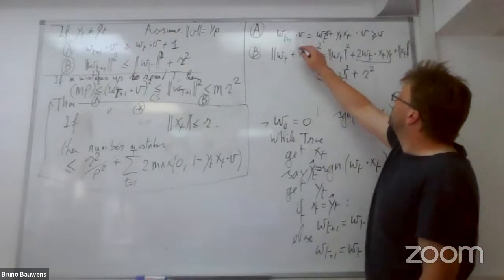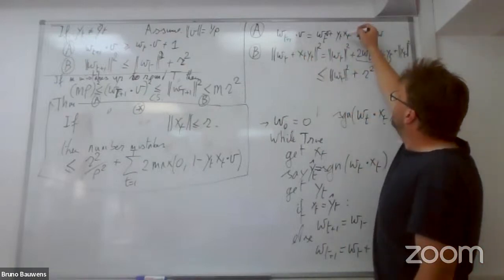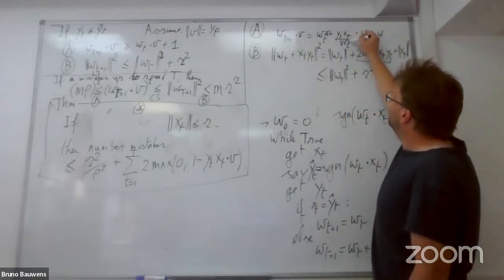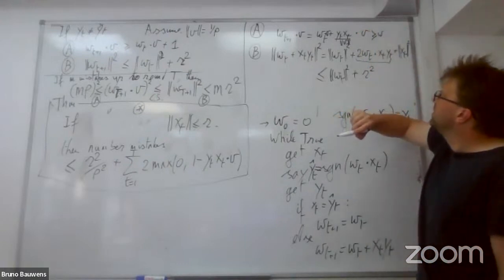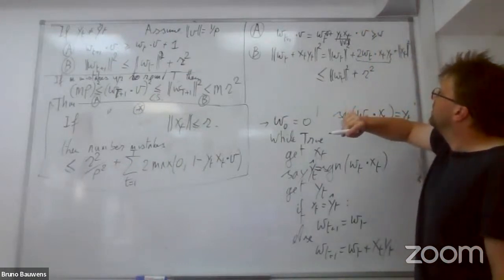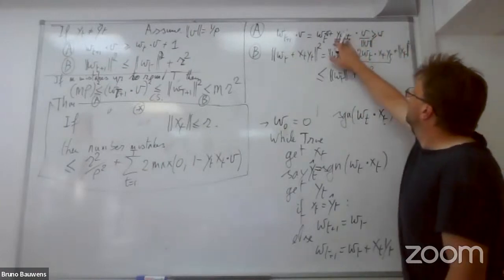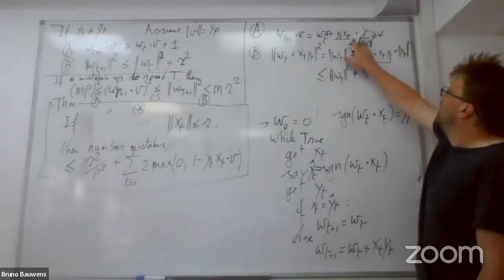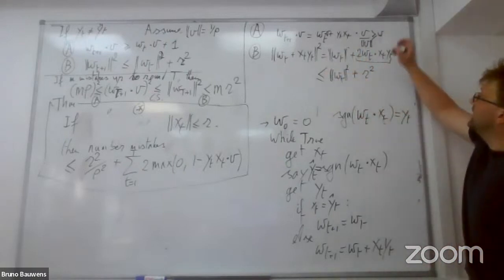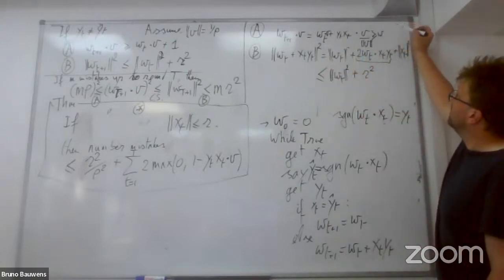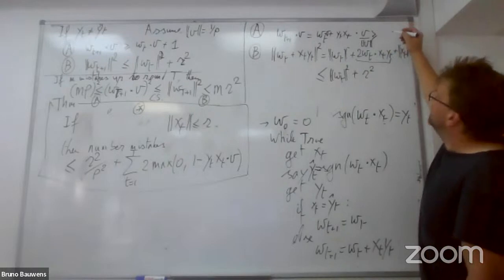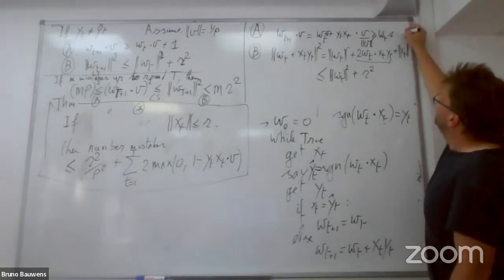If we look at this proof, we need to divide by the norm of phi here, and this is equal to W_t times v plus rho, divided by rho.